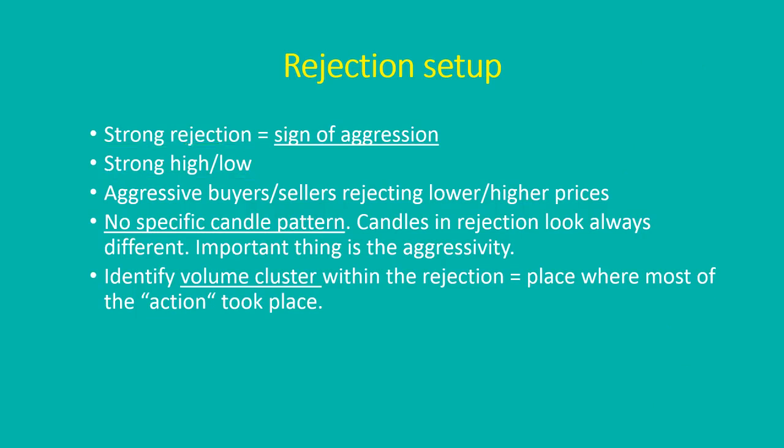And what aggressive rejection means is basically the chart is telling you that either aggressive buyers are rejecting lower prices. This is aggressive buyers rejecting lower prices and pushing the price upwards, or aggressive sellers rejecting higher prices.